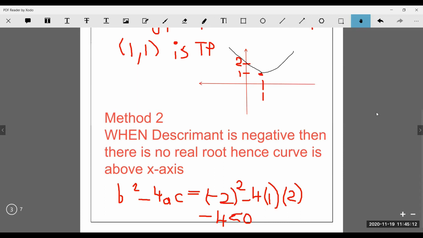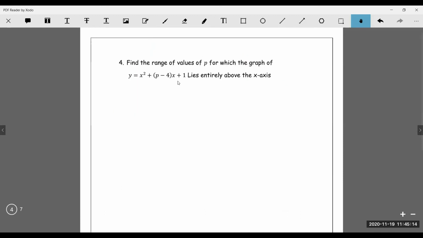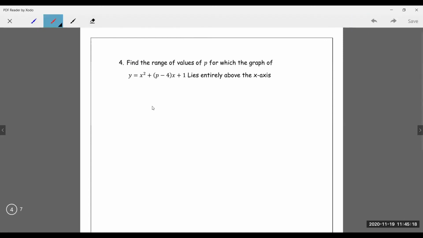the discriminant is negative. So all we're required to do is set that, this right here, P minus 4, this is our discriminant. Whenever the discriminant b squared minus 4ac is negative, that is when the graph is going to lie completely above the x-axis.